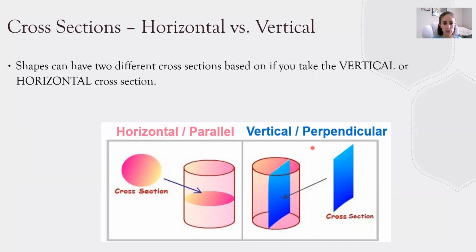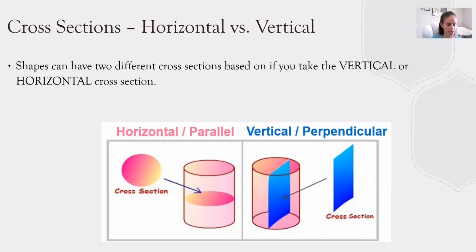So when we do our IXL assignment, there will be visuals. It shows you how it splits it every time. But note, we have the exact same 3D shape here, but depending on how you slice it, you could get a cross-section of a circle or a rectangle.